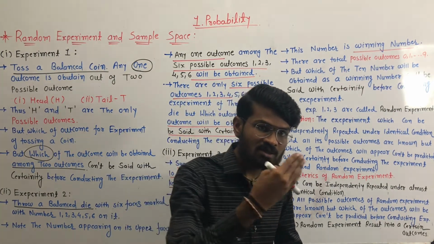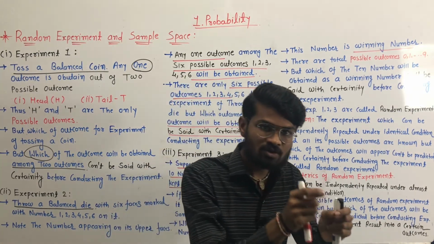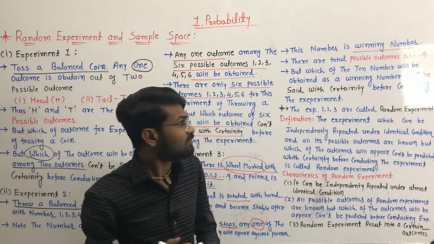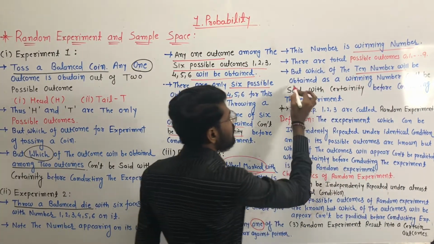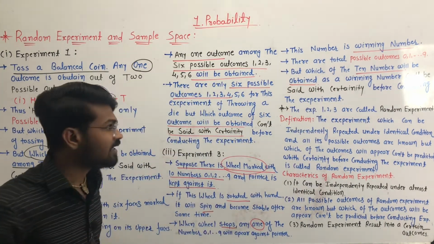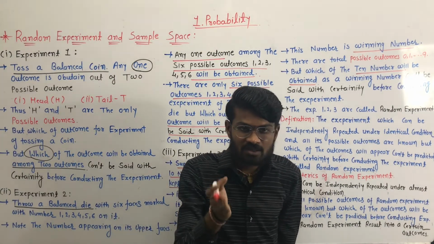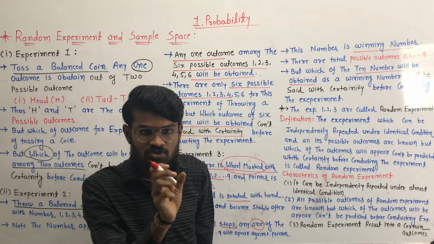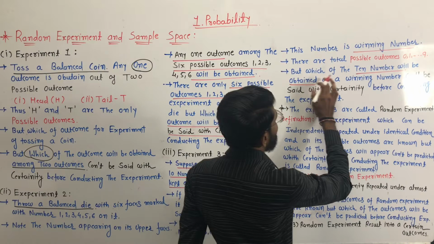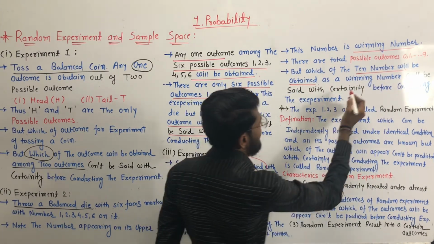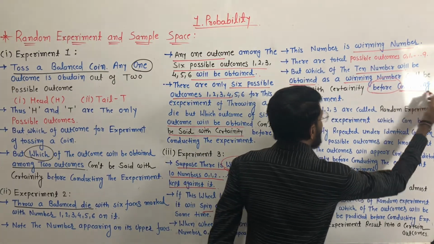After performing the experiment we can definitely say that this outcome has been obtained. Clear? But which of the 10 numbers will be obtained? Out of 10, we don't know which number will come, before the experiment. After the experiment we will know which number from 0 to 9 is our winning number. Clear? Which of the 10 numbers will be obtained as a winning number can't be said with certainty before conducting the experiment.